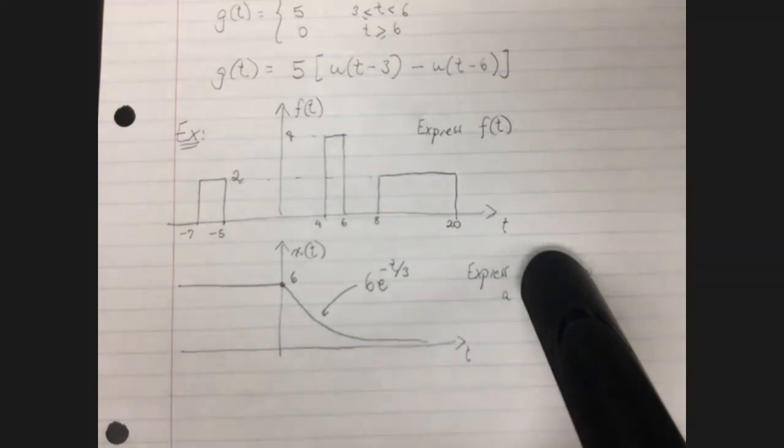So two, and then in parentheses, u, and then result bracket, and then I have a new bracket for u(t-4) minus u(t-6), and then bracketed, and then a new bracket, u(t-8) minus u(t-20). Essentially, exactly right.